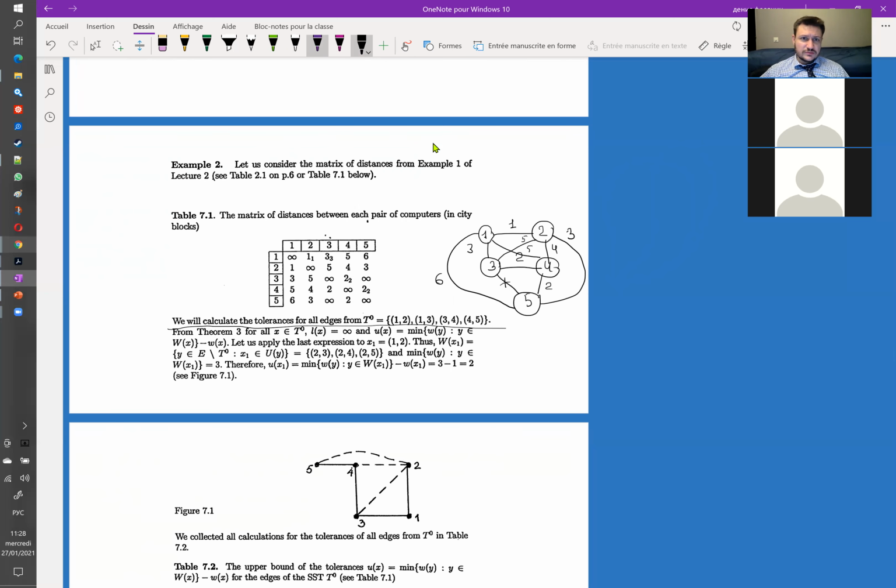So the solution here, if we solve this problem, is here. It's very easy to see because it is 1, a very short one, 1, 3 here, 3, 4 here, 4, 5 here. Yeah, it's a shortest spanning tree. So it's not the Hamiltonian cycle here.